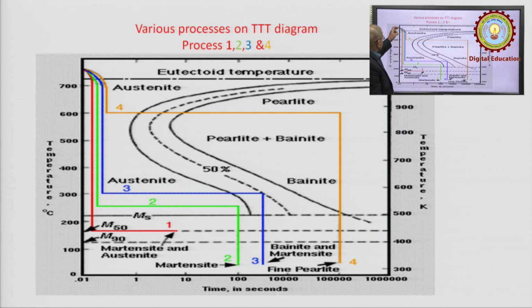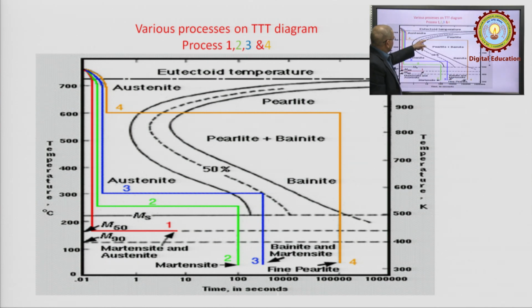That means, austenite up to here remains 100% austenite, but as the curve is touching here and continues, the austenite starts transforming into another structure, fine pearlite. This is isothermal transformation starting here and finishing here. That means, austenite is getting converted totally into fine pearlite.